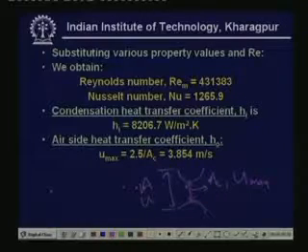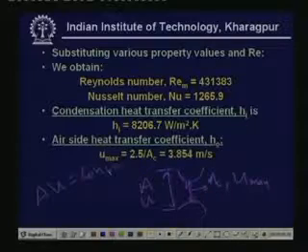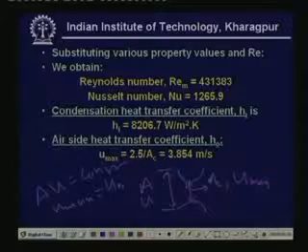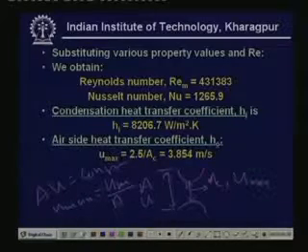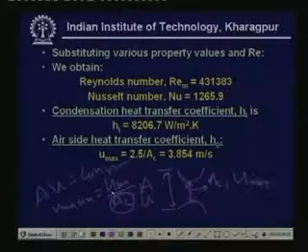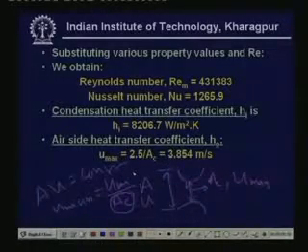From mass balance we know that AU is constant. So u max is the face velocity divided by AC, because we are writing AC in terms of per meter square face area. That is why the face area term does not come here, because we are doing all the calculation per meter square face area.